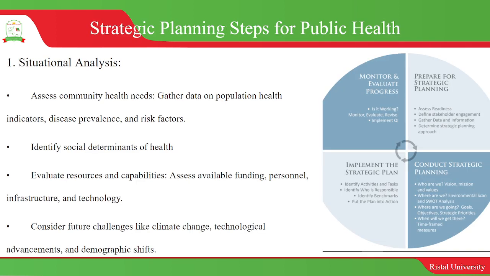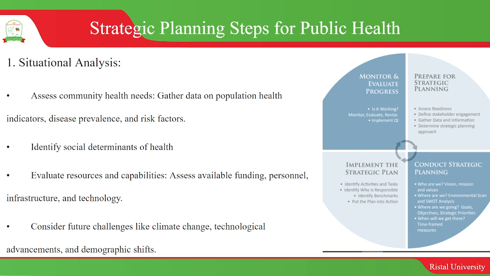So we move to how we can conduct strategic planning. The first thing is the situation analysis. This is basically a simple illustration of how strategic planning is done, but it does not necessarily mean that the phases are very static.